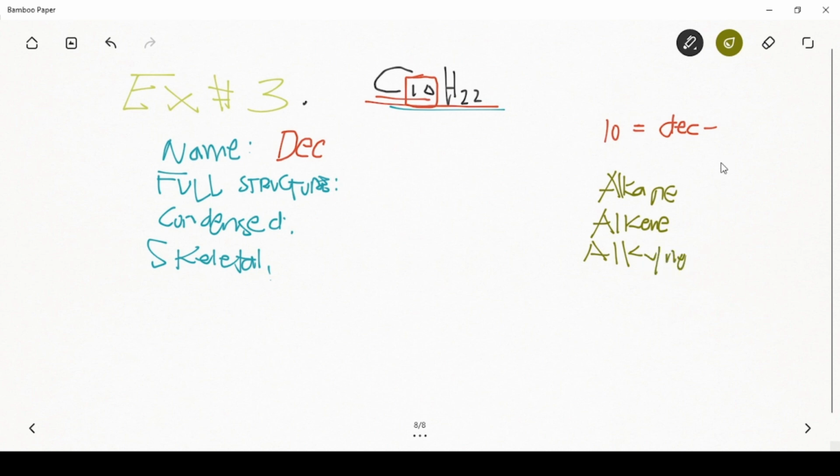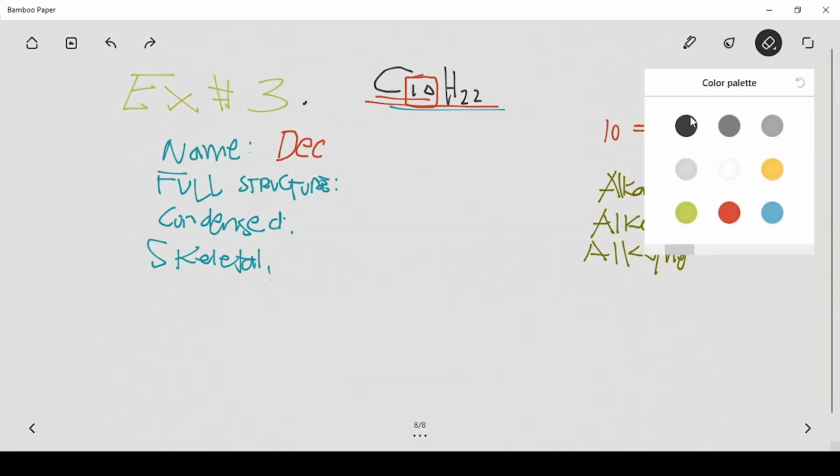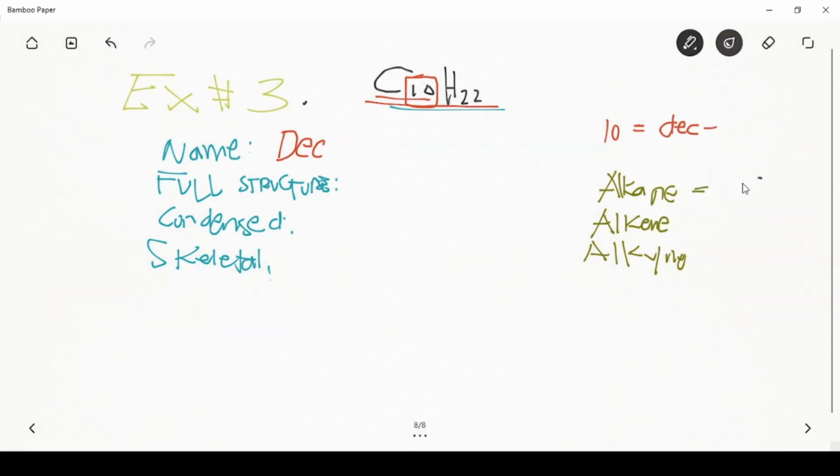So let's check. So the suffixes are ane, ene, yne. Now, let's start with the alkyne first.